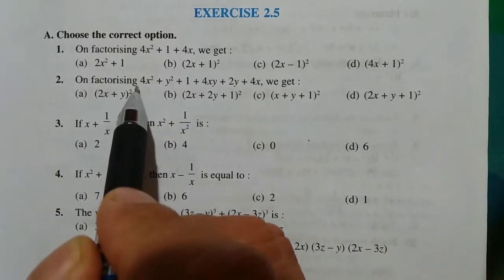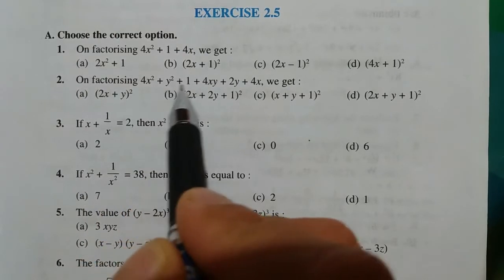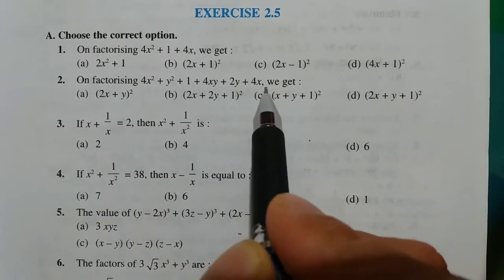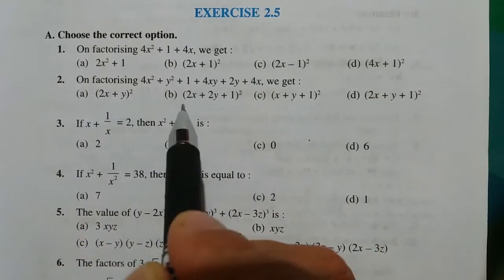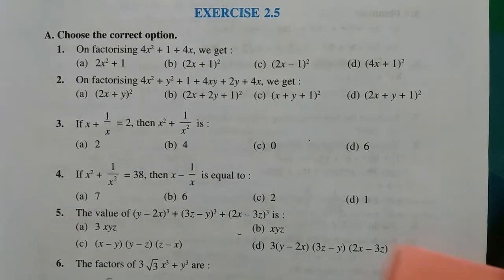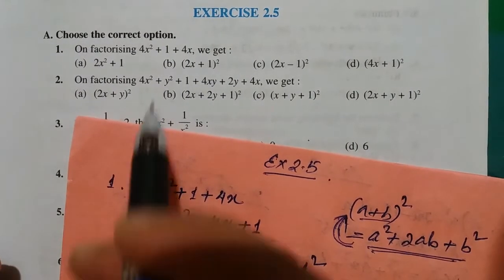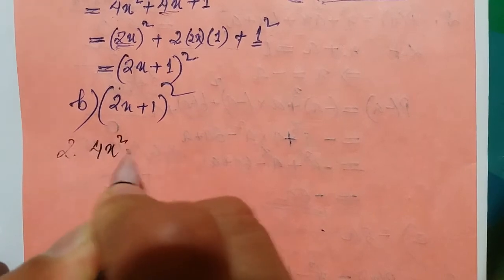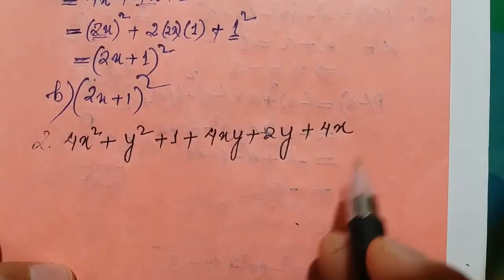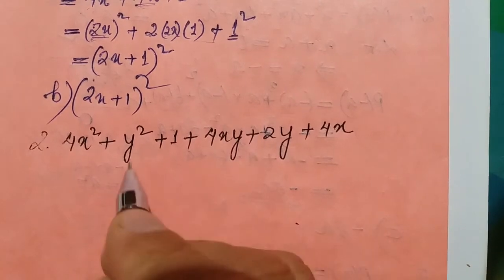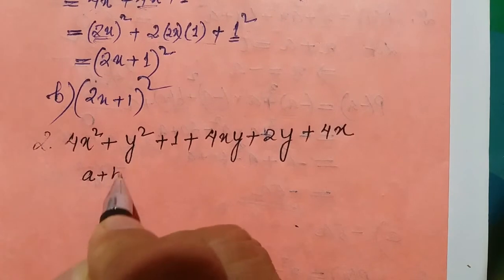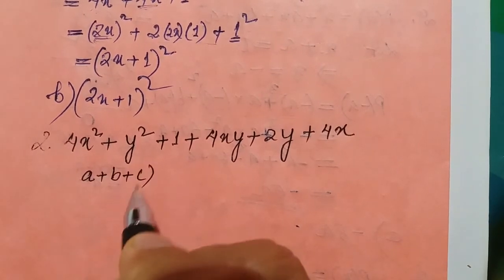On factorizing 4x square plus y square plus 1 plus 4xy plus 2y plus 4x, we get, okay, these are the options. Now let us try to factorize this given polynomial. Here we can use the identity a plus b plus c whole square.